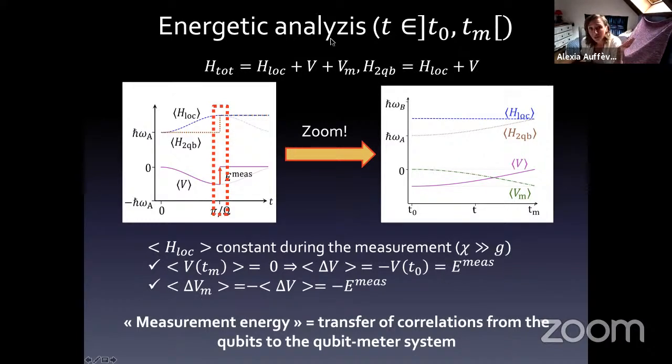Now, with this modeling, with the quantum meter, we can see that this term exactly corresponds to the buildup of correlations between the two qubits and the quantum meter. So, to jump to the conclusion, with this modeling, the measurement energy corresponds to the transfer of correlation from the two qubits to the qubit-meter system.